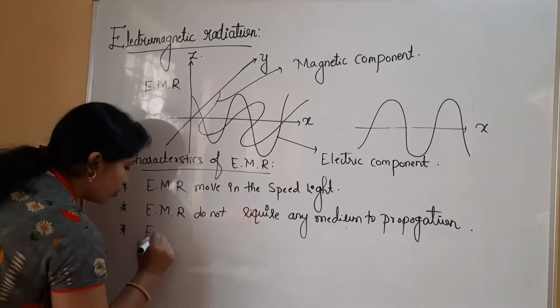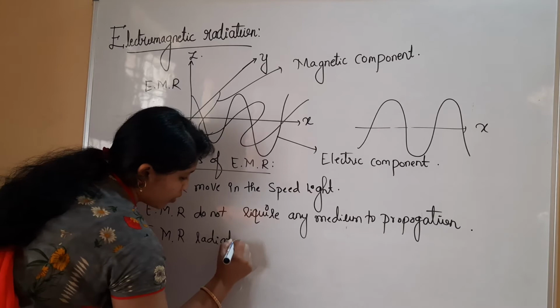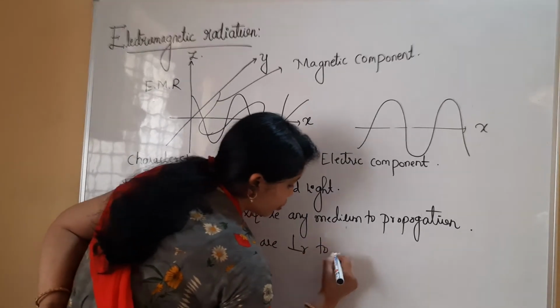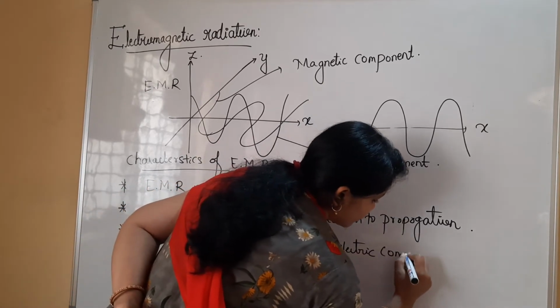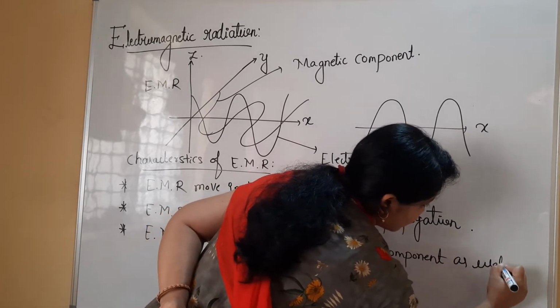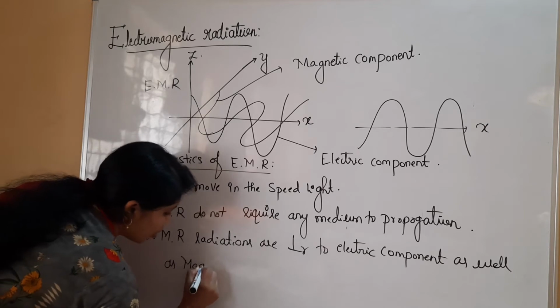So electromagnetic radiations are perpendicular to the electric component as well as magnetic component.